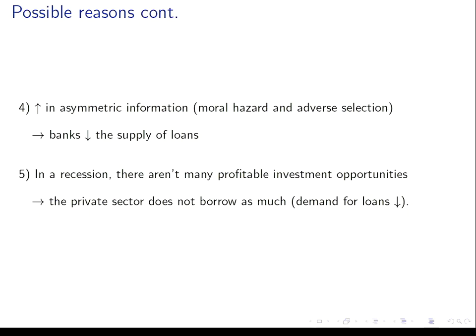The rate at which the bank makes a loan is always higher than the deposit rate. The interest rate that the bank pays on deposits is always less than the interest rate that the bank charges on loans. So that is how the bank will make a profit.